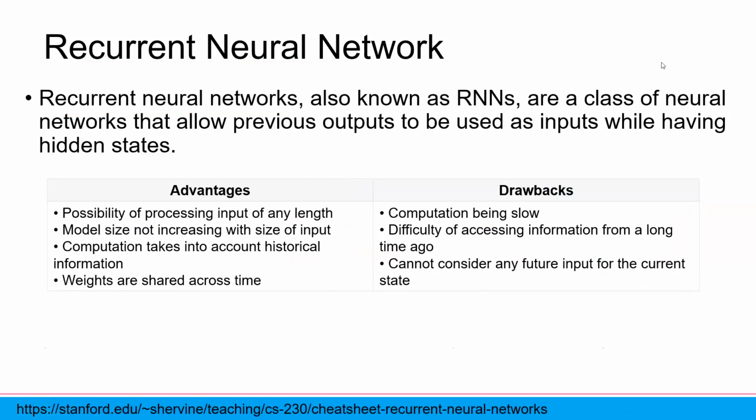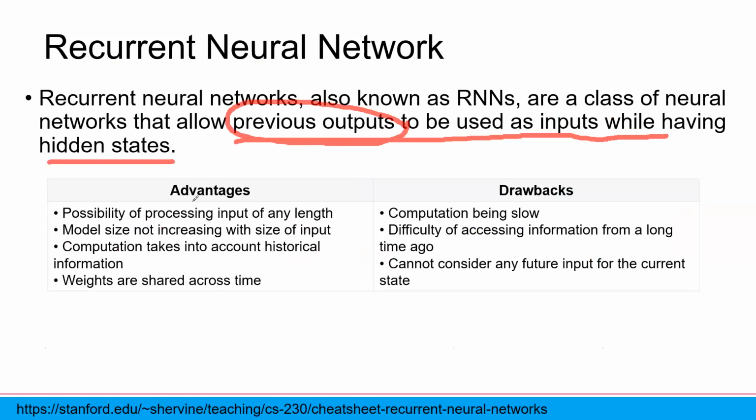Usually this is a class of neural networks that allow the previous output to be used as inputs while having hidden states. So the keyword is this one, previous output.